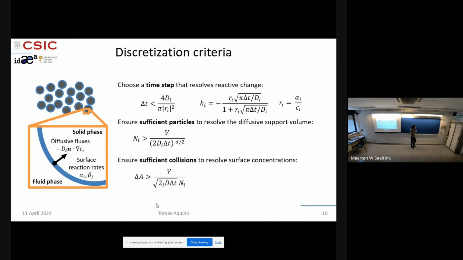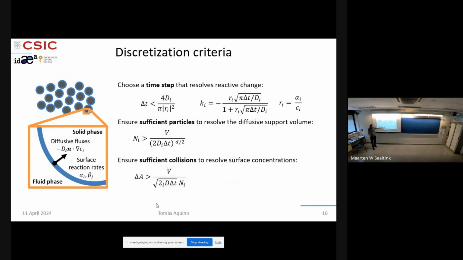So that you're not resolving things temporally that you're not resolving spatially. It's a bit like when you have a Courant number and your time step is too small for your grid size. So you need a bigger grid because you're trying to resolve temporally too much. Your particle is doing a lot of jumps, but in this whole region where you're doing a lot of jumps, there's nobody else. So you're not seeing this region properly.